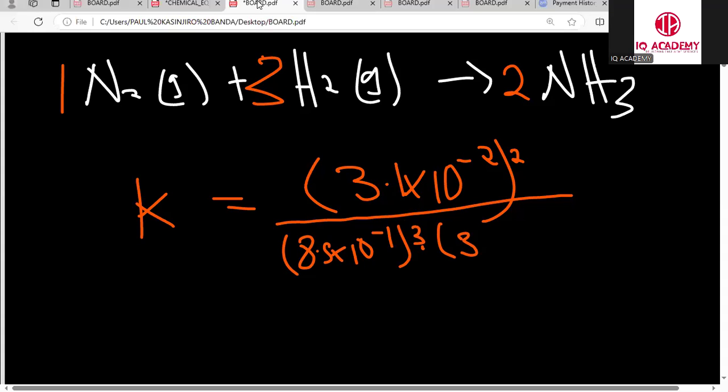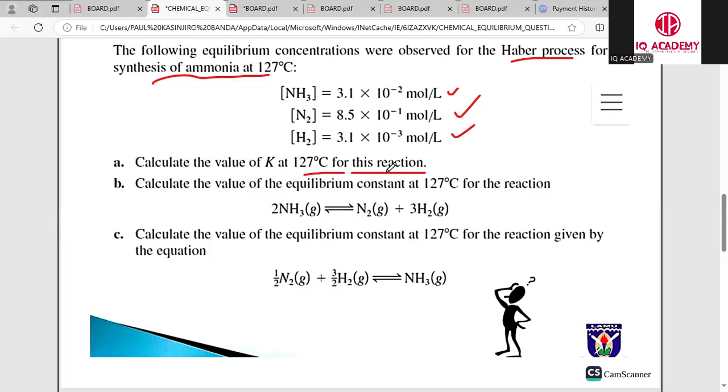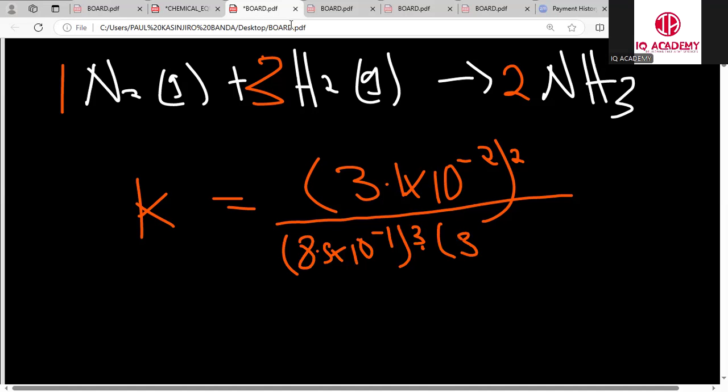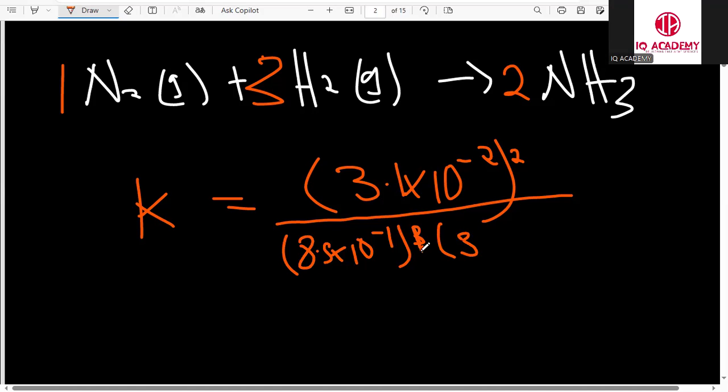Let me check. The hydrogen, this one here should be to the power 3, and this one here is to the power 1, and then the 3.1 multiplied by 10 to the power minus 3 to the power 3. So this is what we have.